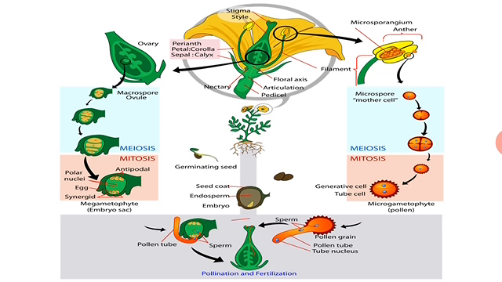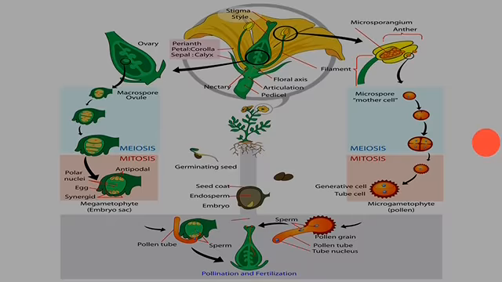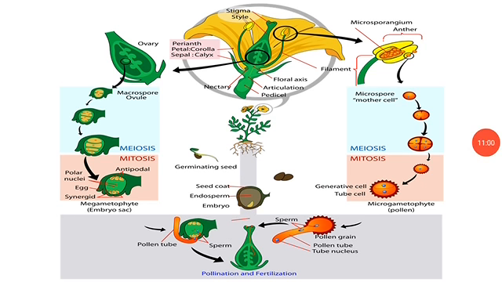As I said a while ago, the pollen must reach the stigma so that the fertilization process will take place.